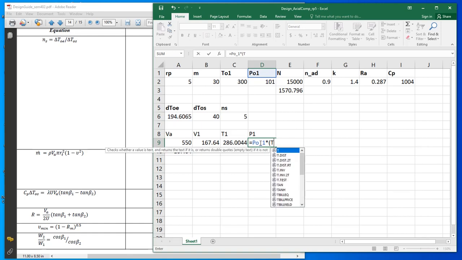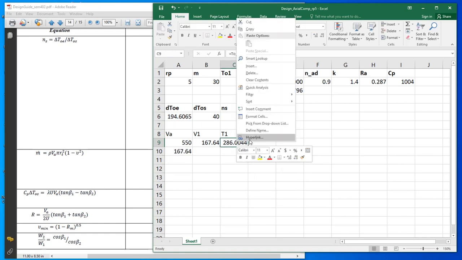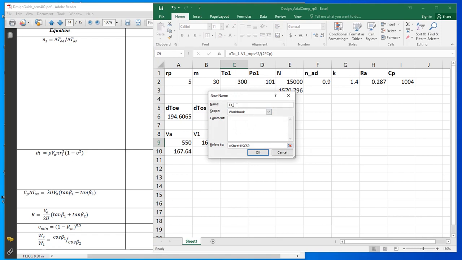Actually we have not defined that name. So let's go ahead and define the name first. So define name T underscore 1.